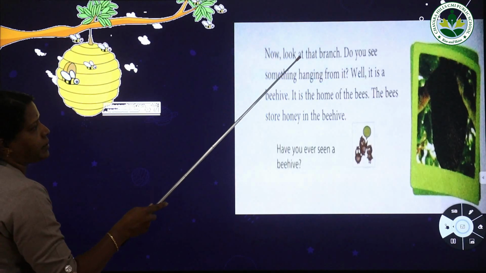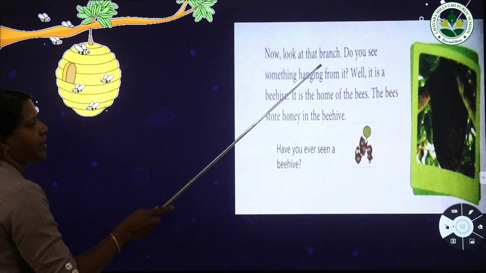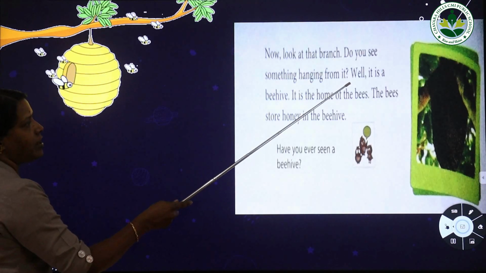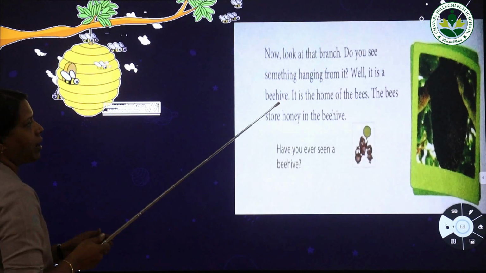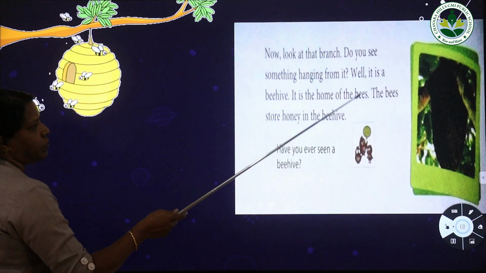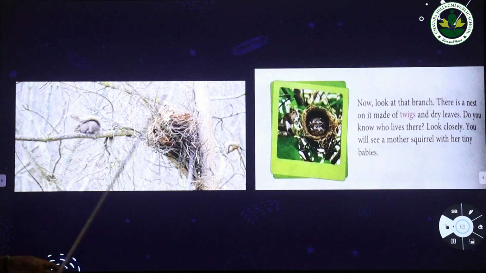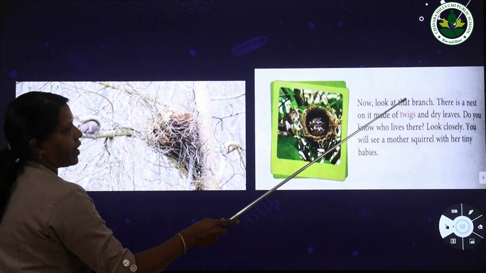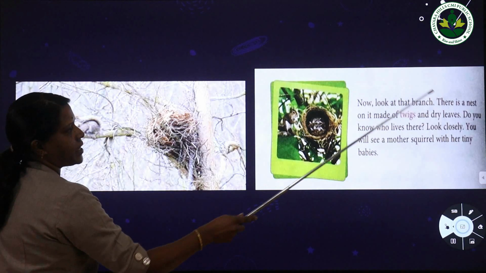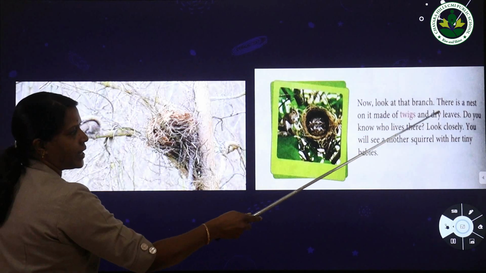Now, look at that branch. Do you see something hanging from it? Well, it is a beehive. It is the home of the bees. The bees store honey in the beehive. Now, look at that branch. There is a nest on it made of twigs and dry leaves.